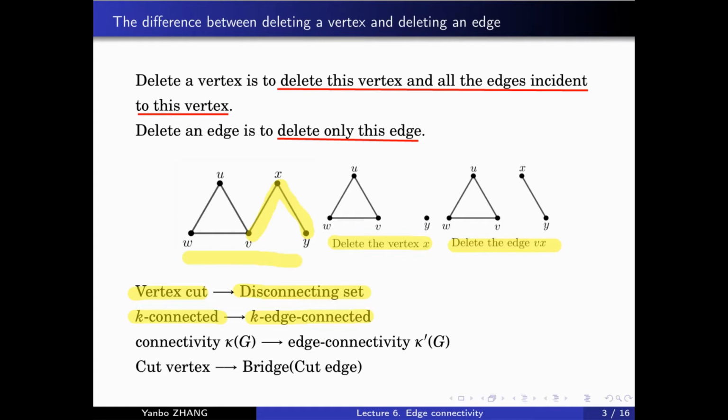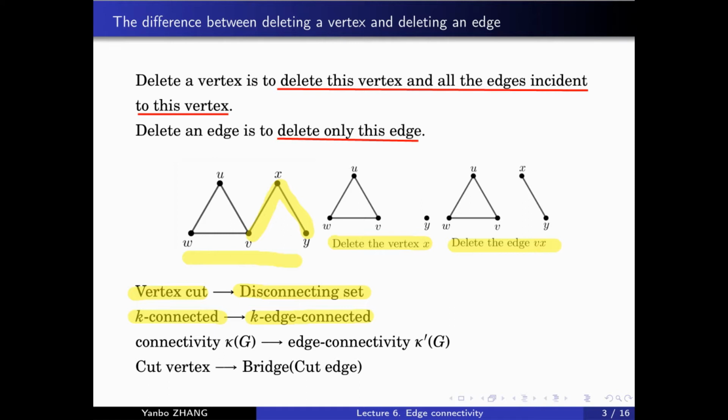A k-edge connected graph is a graph such that every disconnecting set has at least k edges. Thus, a k-connected graph is one where if you delete any k-1 vertices, the graph is still connected. And a k-edge connected graph is one where if you delete any k-1 edges, the graph is still connected.